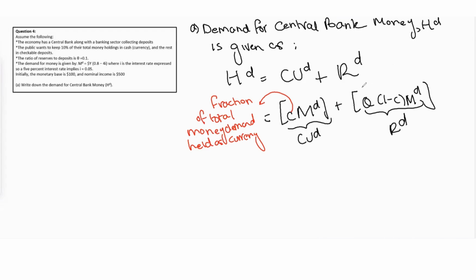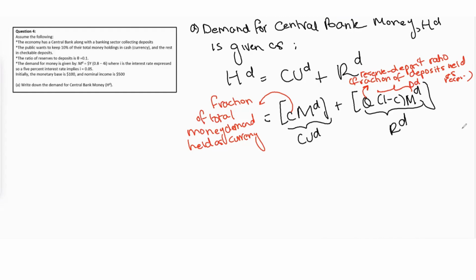And we know demand for reserves is theta, which is the reserve deposit ratio, the fraction of deposits kept as reserves. And this (1 minus C) MD is demand for deposits, right?